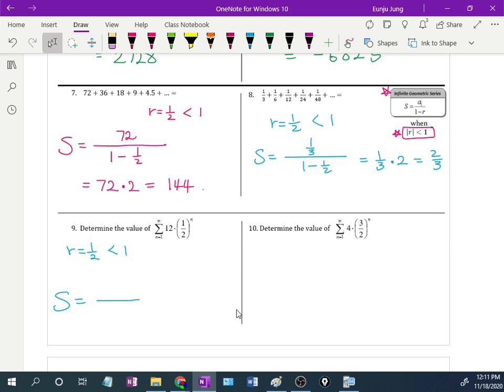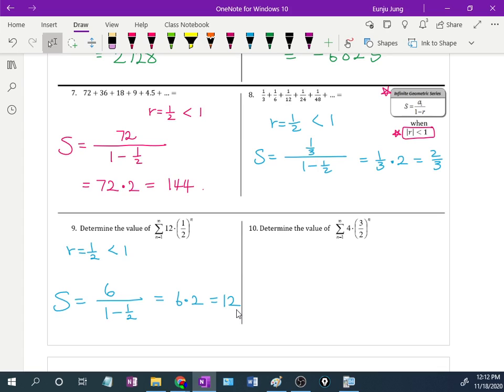What will be the first term? Let's plug in 1 here, and half over 12 is 6. So the first term is 6. And the denominator has 1 minus 1/2, which is the common ratio. So we will flip the denominator, which is 1/2. The reciprocal is 2, so the answer will be 12. So this sum is bounded by 12. And that is called the sum of the infinite geometric series.